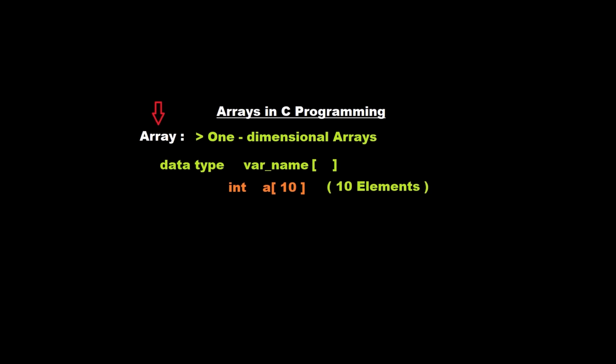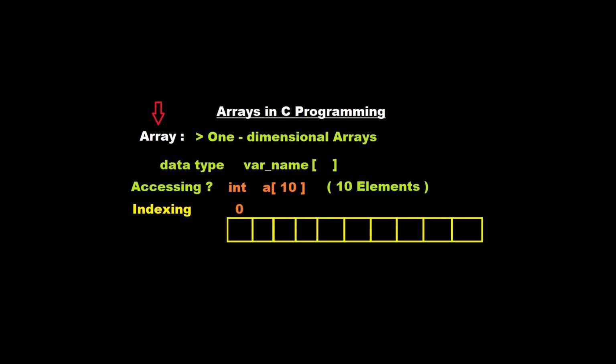Now the question arises how we can access the elements in this array. For that, we have the process of indexing. The indexing in C programming starts from 0. As you can see, the first element will have the index 0 and it will go on till the last number.